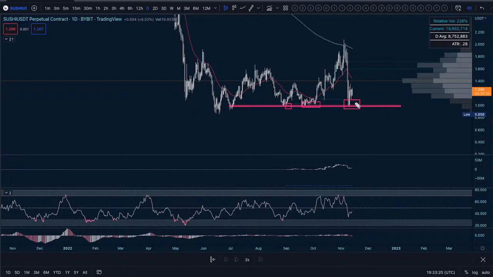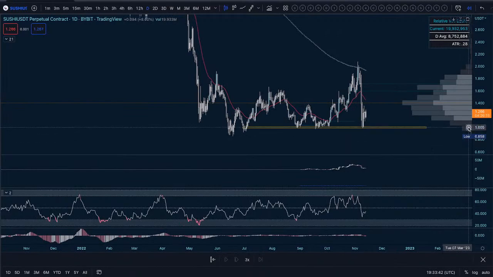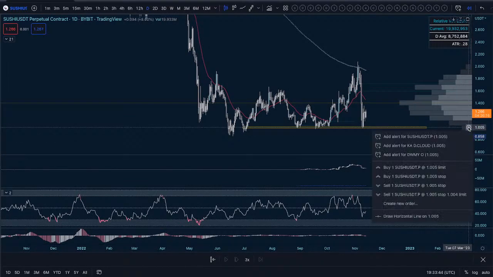If it comes but fails, it's a sell opportunity. Sometimes it's good to simplify stuff. So right now we have this area that is being protected. Okay, that's it. We'll put an alarm here.